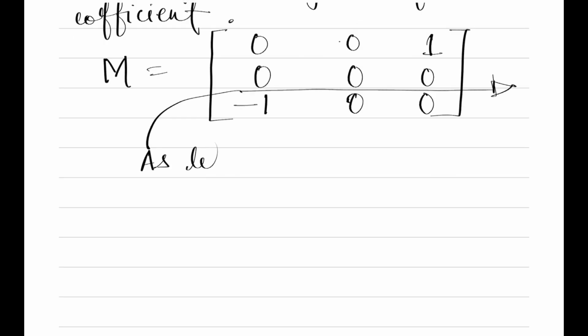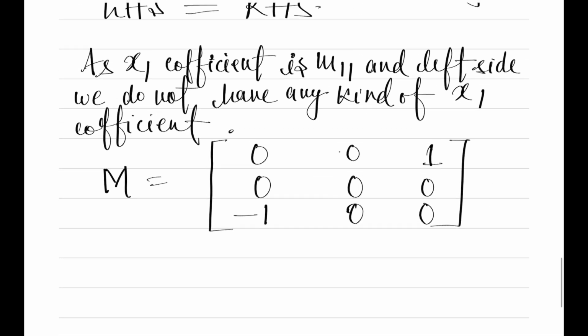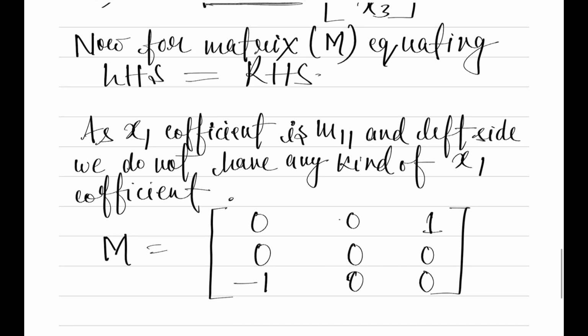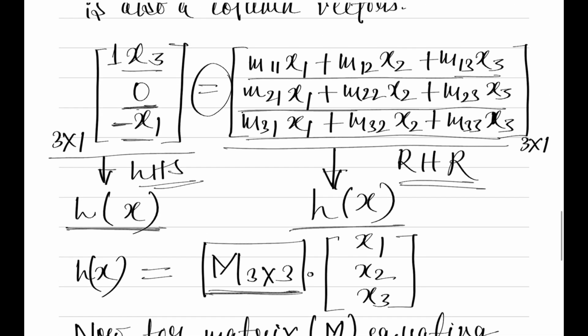As on the left side all entries are 0, on the right side all entries are 0.